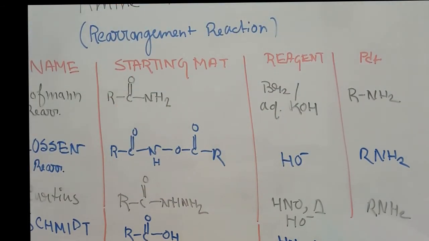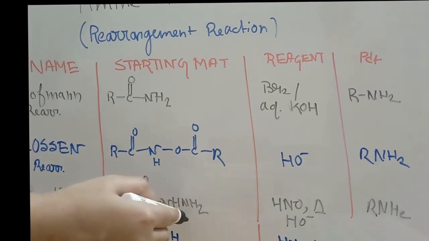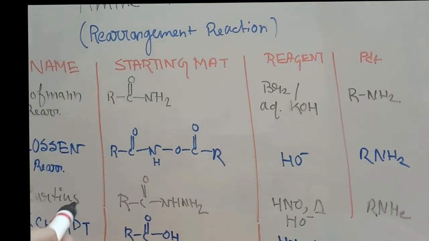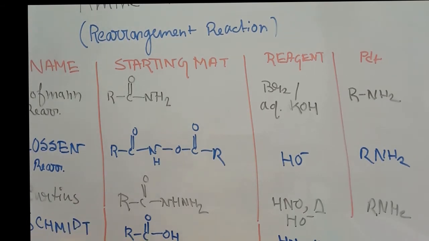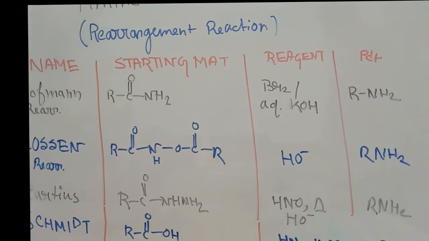Now in the Curtius rearrangement, we have acid hydrazide as starting material, and as reagent we have HNO2 and heat. Then after that we add base to form amine from the isocyanate intermediate. In the last case, the Schmidt rearrangement, we have carboxylic acid as starting material, the reagent is HN3, hydrazoic acid, and H2SO4, then base, and we get amine as product.